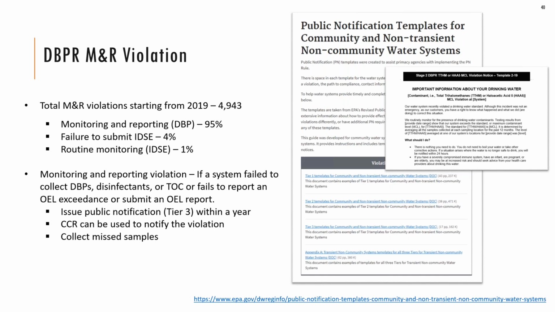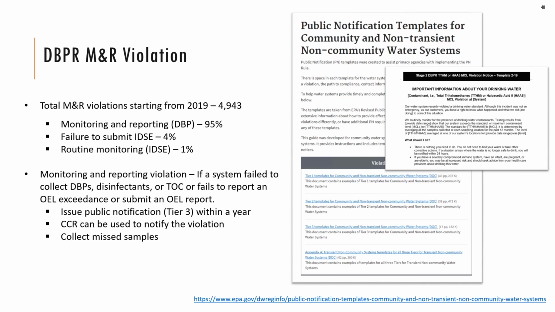And within a year, the systems are required to issue a Tier 3 public notification to their public if any of these issues happened, or include the violation information in their consumer confidence report. US EPA has a list of public notification templates based on different tiers, which can be used by water systems. So this link is on the US EPA's website.